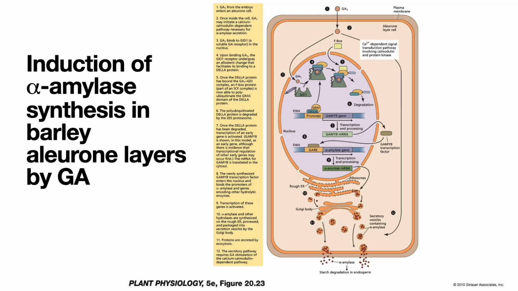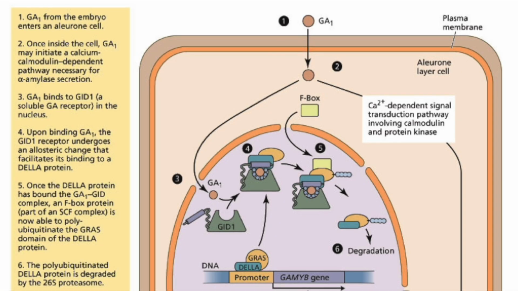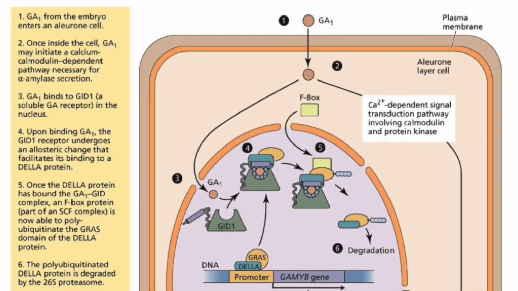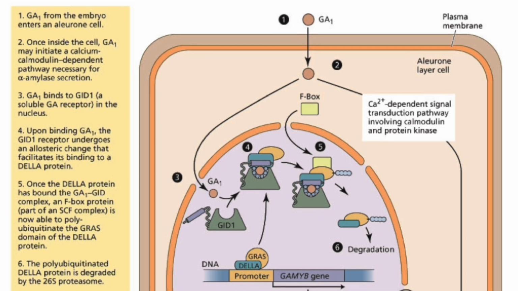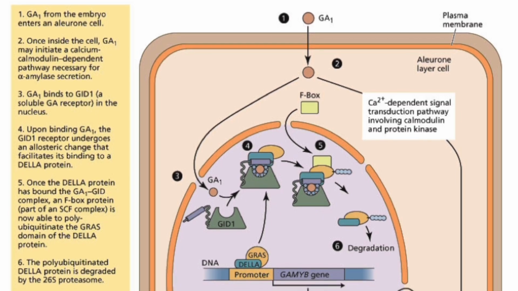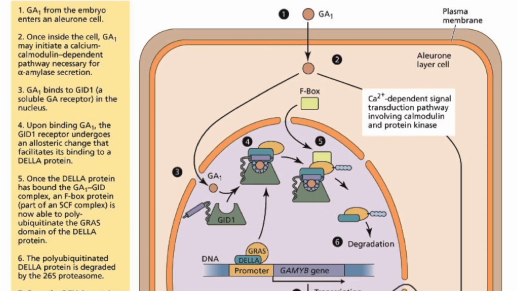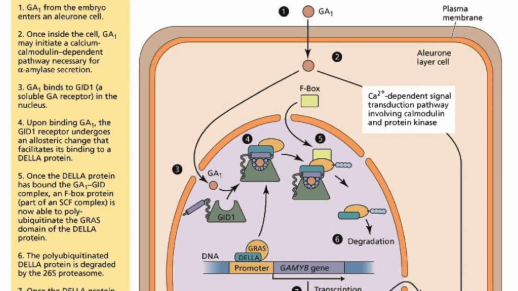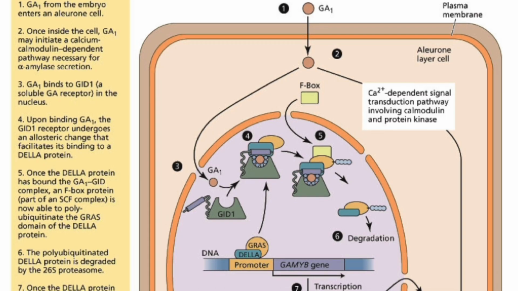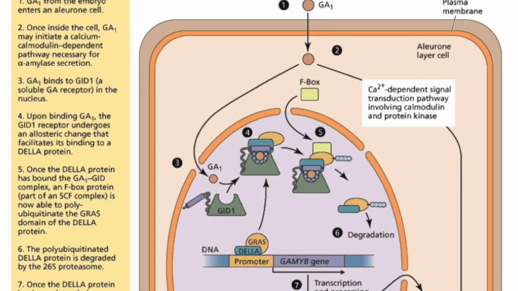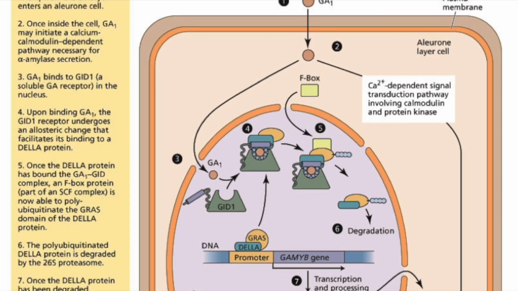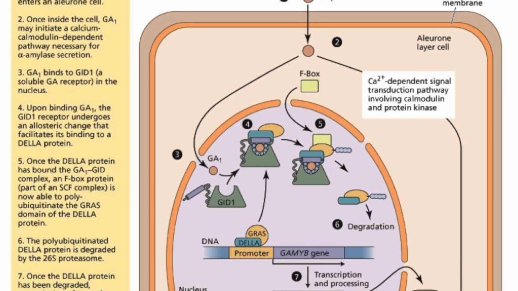The entire process is summarized in this figure. Starting at 1 at the top of the page, GA1 from the embryo enters an aleurone cell. 2. Once inside the cell, GA1 may initiate a calcium calmodulin-dependent pathway necessary for alpha amylase secretion. 3.